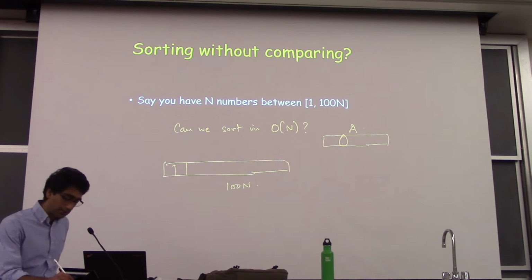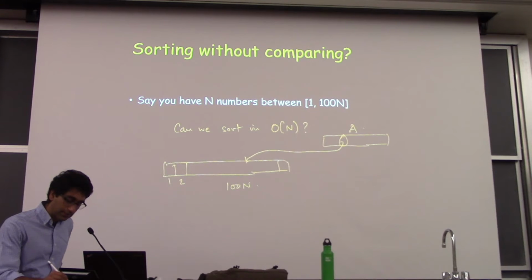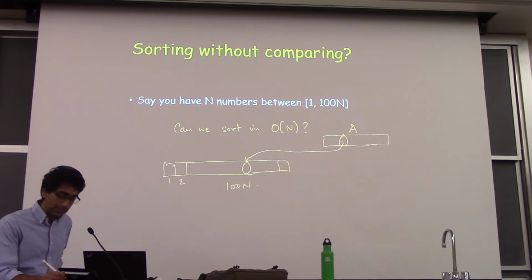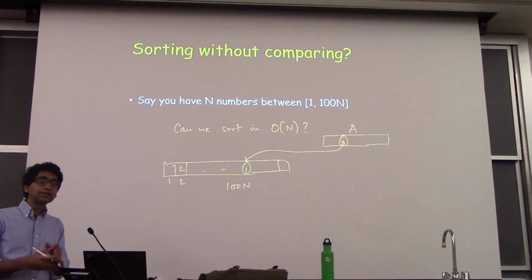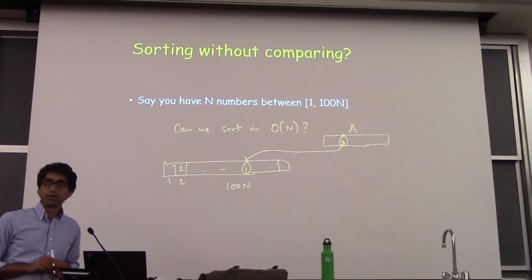And I say that this number appeared once, this number maybe 2 appeared twice, and so on. And knowing this, you can just reconstruct the original array, right, in sorted order.